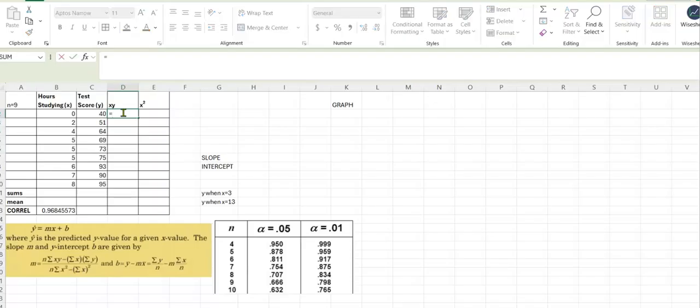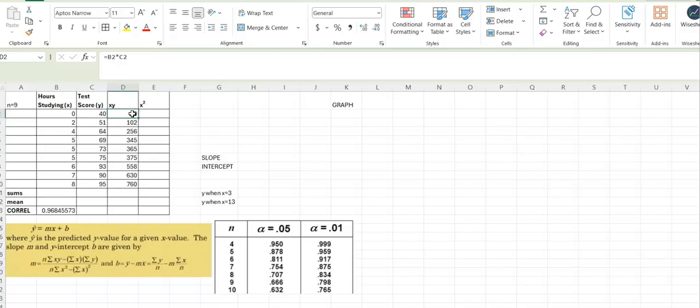Remember, I just start with an equal sign, and it'll do the math for me. I'm going to look at my x value, and I'm going to multiply that by my y value and hit enter. And then when I copy this, it's going to copy the formula that I just put in to where I indicate, and it will adjust where it looks accordingly.